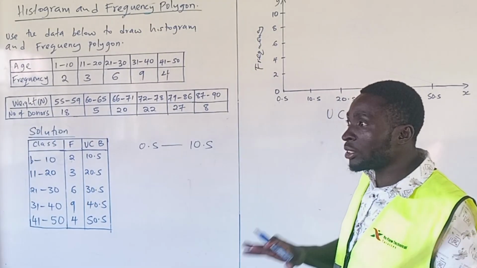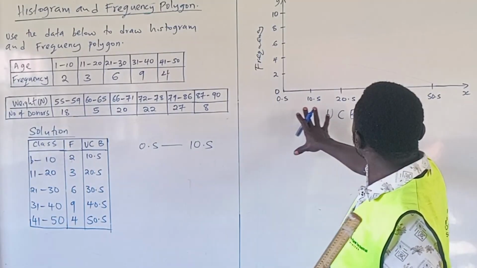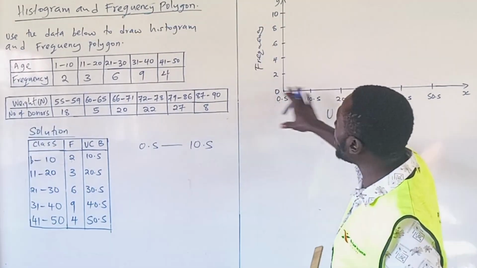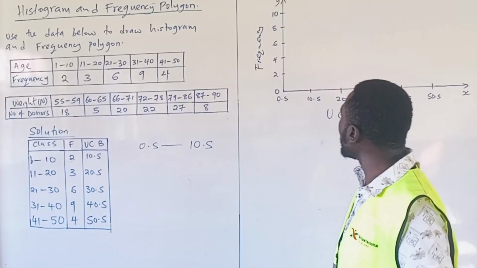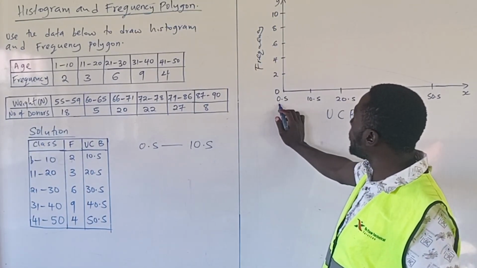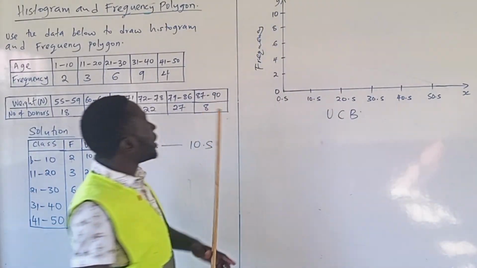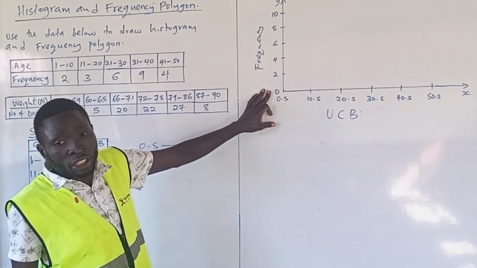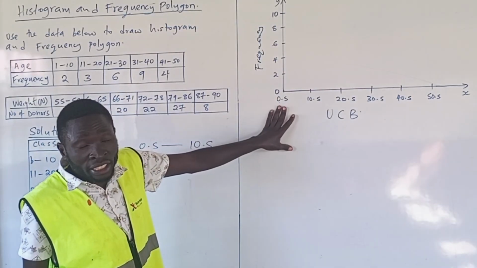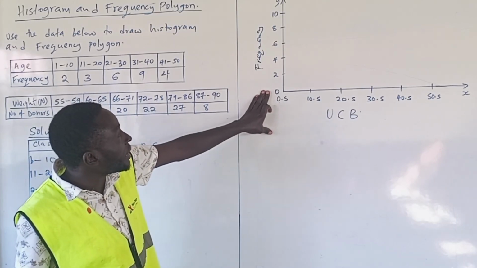So in chemistry, physics, math, geography, your graph, you have to tell us where your x-axis is starting and where your y-axis is starting. So for our x-axis, the value will start from 0.5, and from our y-axis, the value will start from 0. So the examiner should see where your x-axis is starting and where your y-axis is starting.